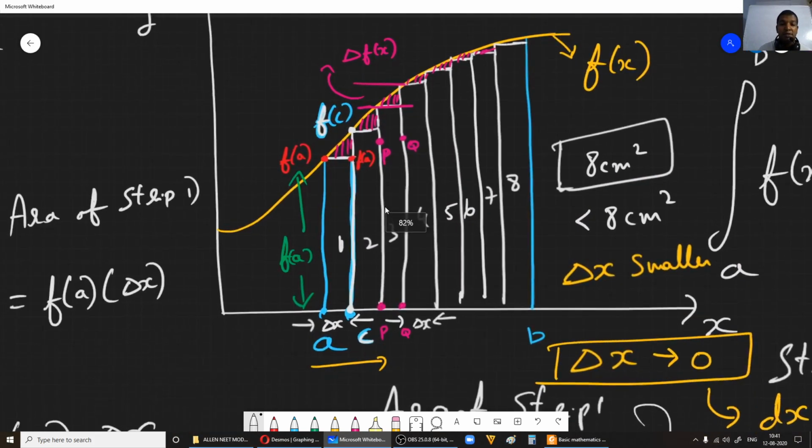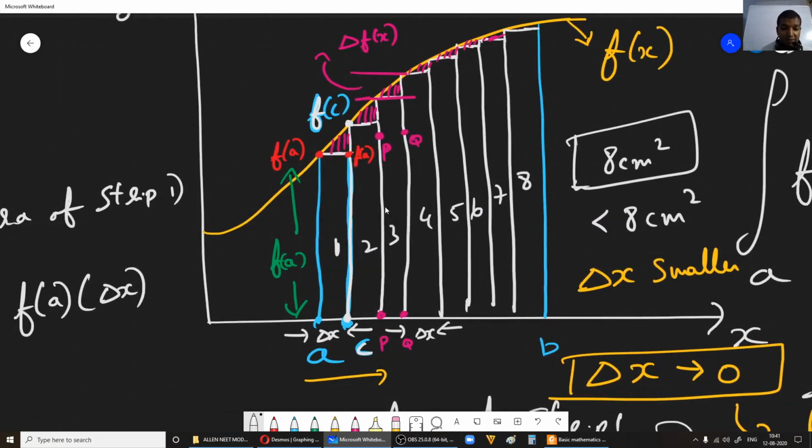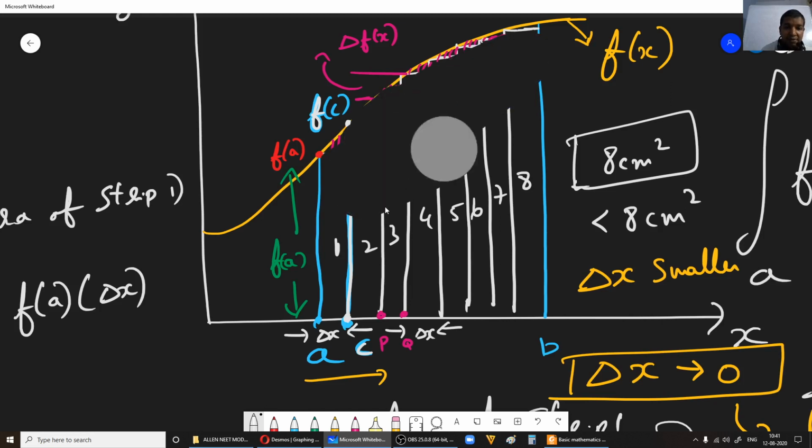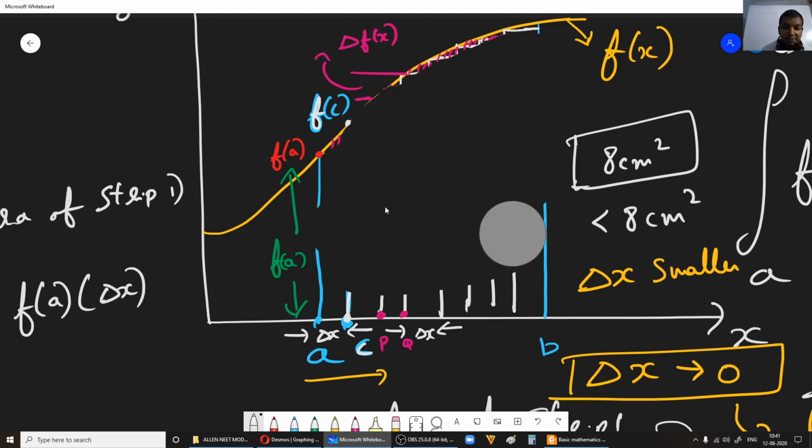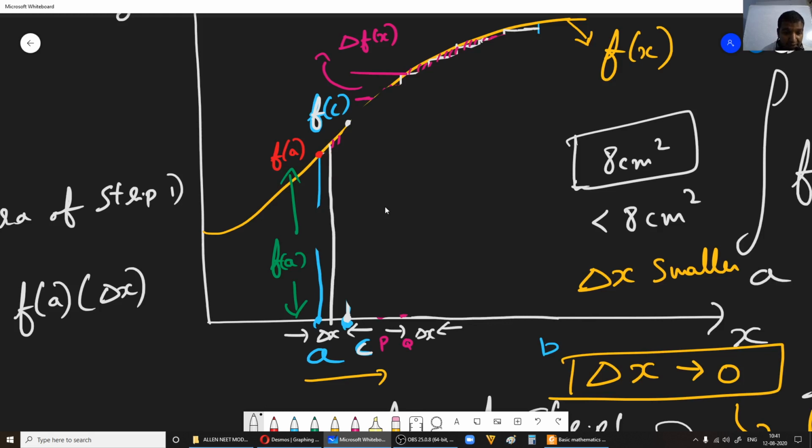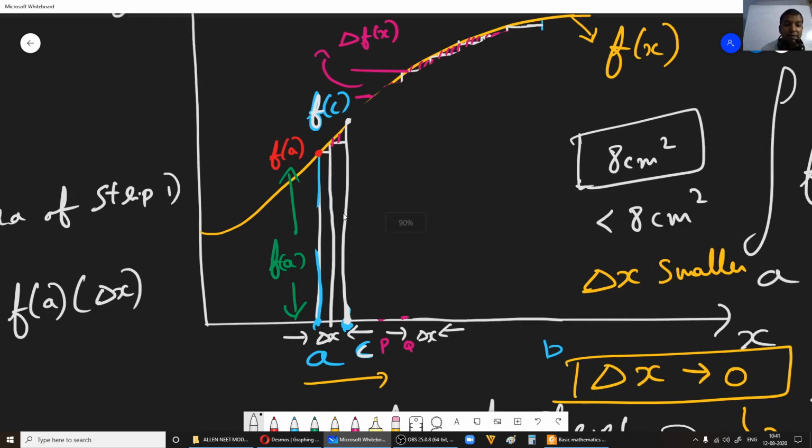Instead of 8 strips, we'll consider 16 strips now. Of course, I cannot draw them here, but I would like to show you the difference. When you make 16 strips, this is strip 1, and this will be strip 2. Here you will be losing less area.